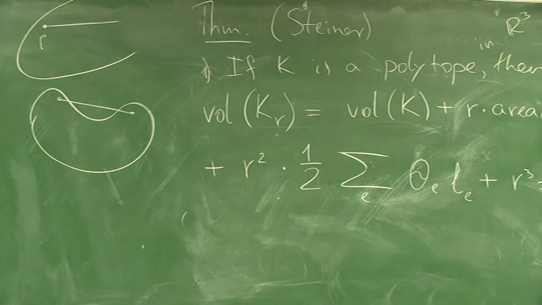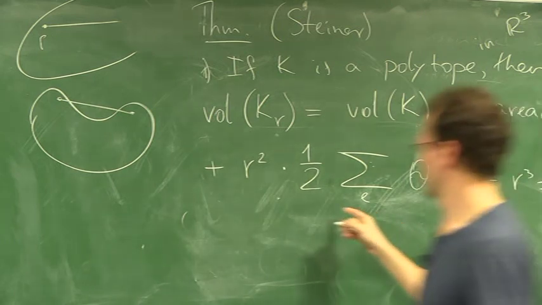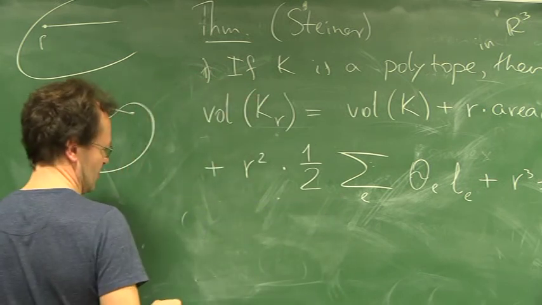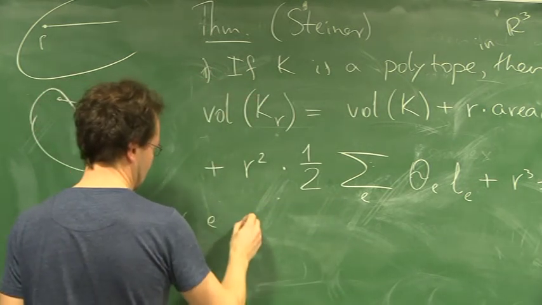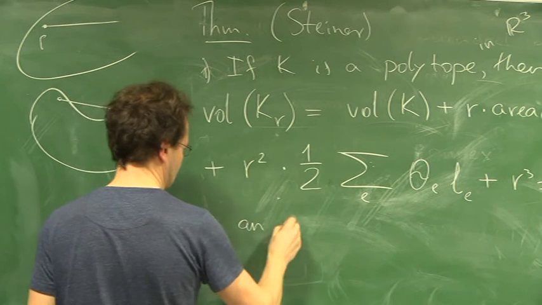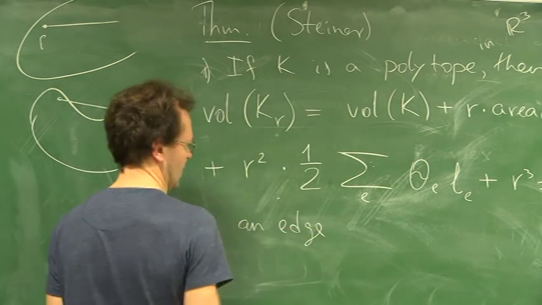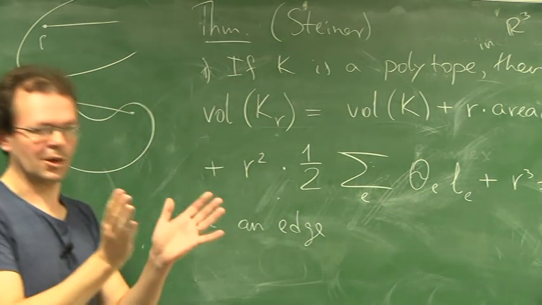where I have to explain my notation. So the first sum is over edges. So E is an edge. And theta E is the exterior angle at this edge.